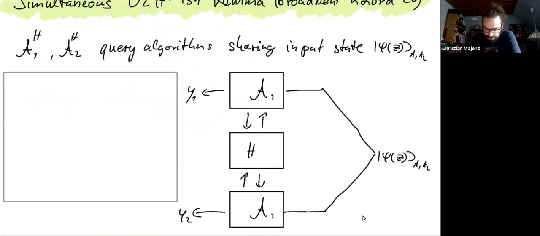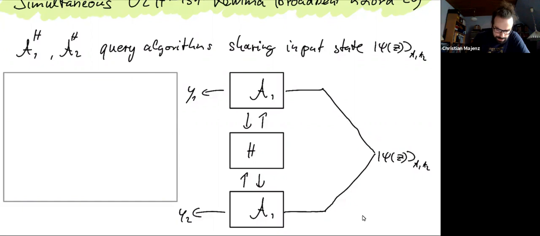And here we have 2 algorithms that both, instead of deciding, actually need to guess the marked input. So right here, they get an input, which is kind of a shared randomness or a shared input that might depend on some string z.